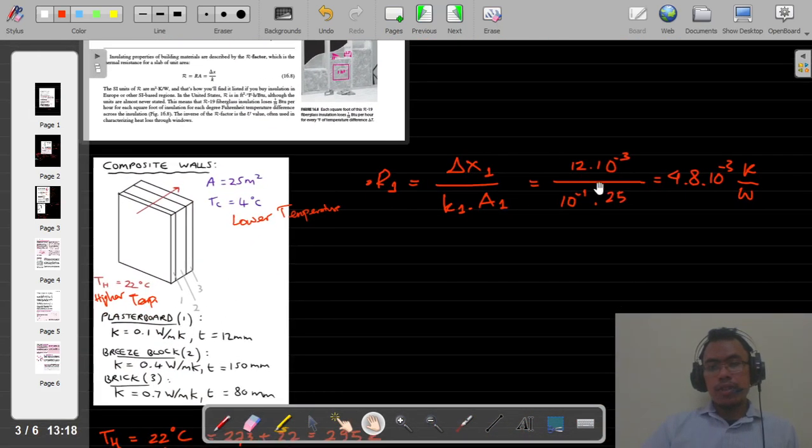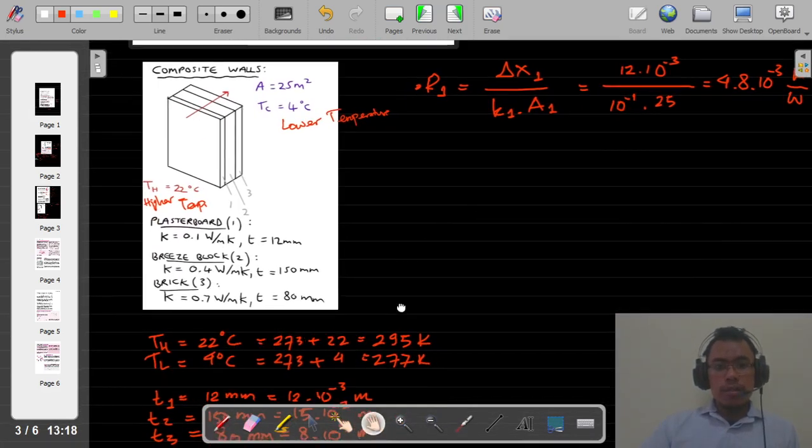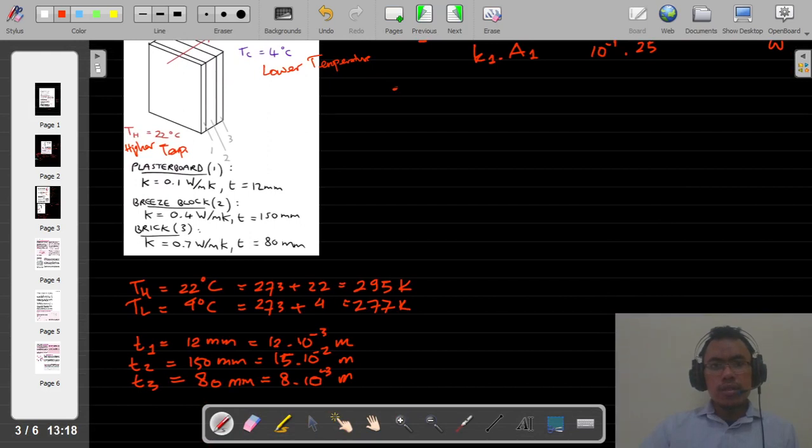And then we calculate the second R. So delta x2 is 15 times 10 to the power of minus 2 divided by k2, which is 4.0, times the A, which is 25.